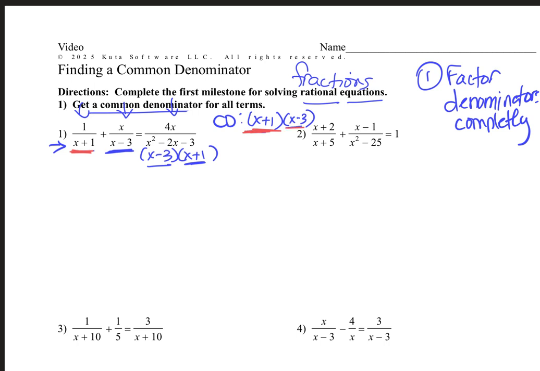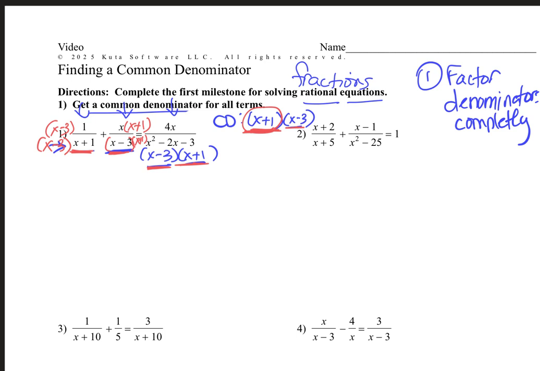This one needs the x minus 3, so I multiply the top and the bottom by the x minus 3. This one here has an x minus 3. It needs the x plus 1, so I multiply the top and the bottom by x plus 1. This one here has an x minus 3 and an x plus 1, so it doesn't need anything.